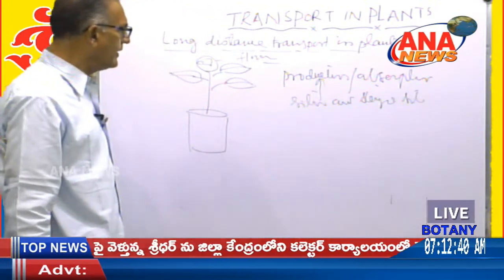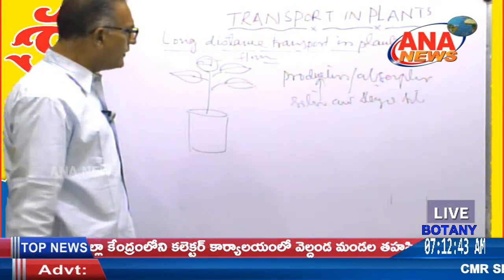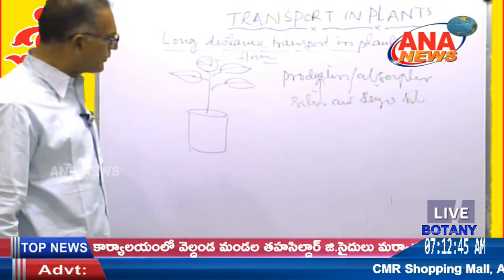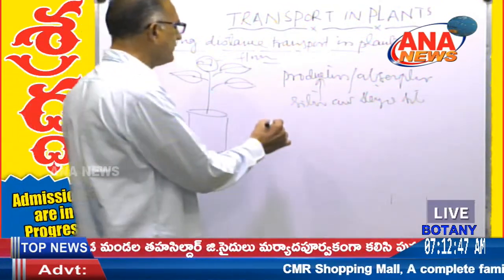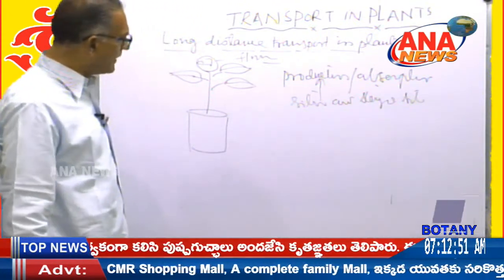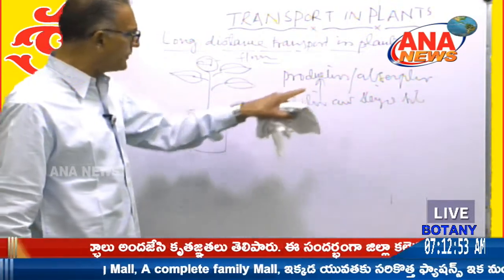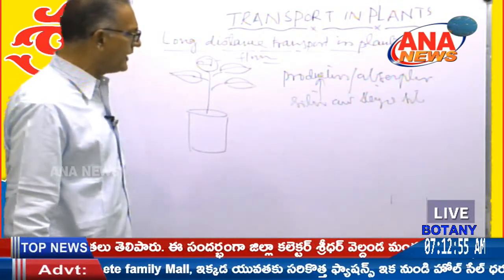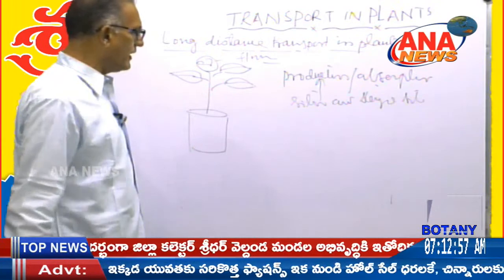Hence, diffusion and active transport do not satisfy long distance transport. The production or absorption sites and storage sites are far away from one another.